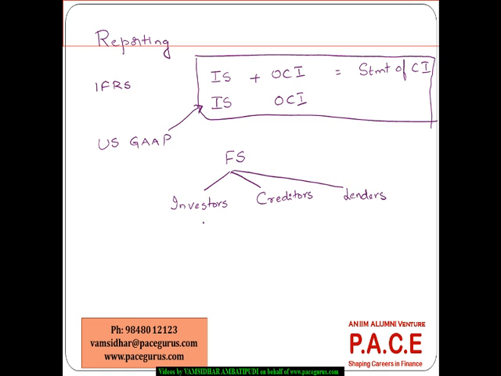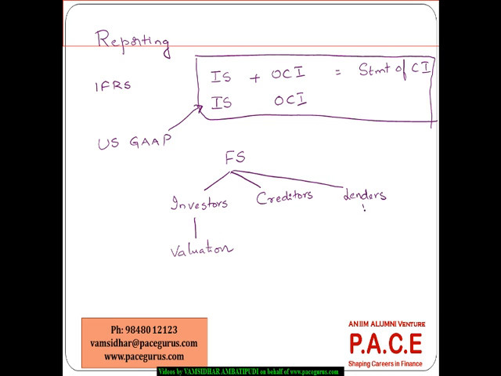Probably the investors are more interested in the valuation of the particular firm, so they will evaluate the profits and the losses over various years to finally arrive at the valuation of the firm.